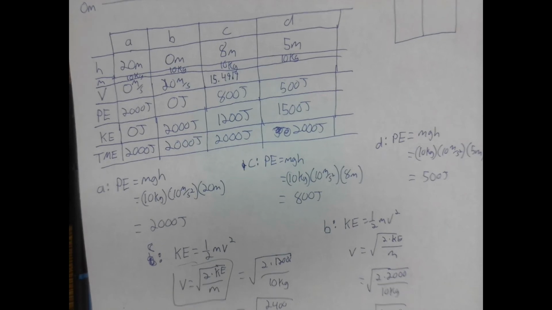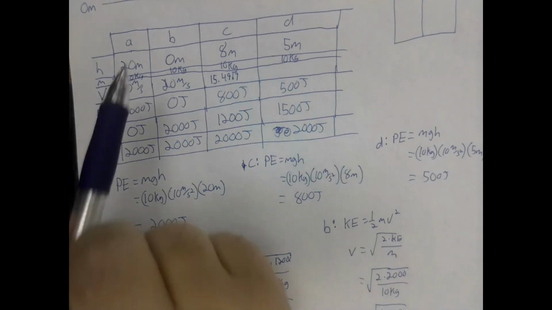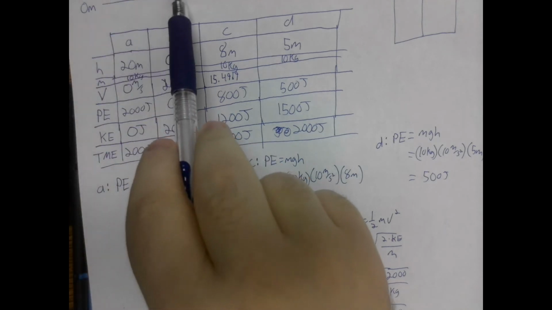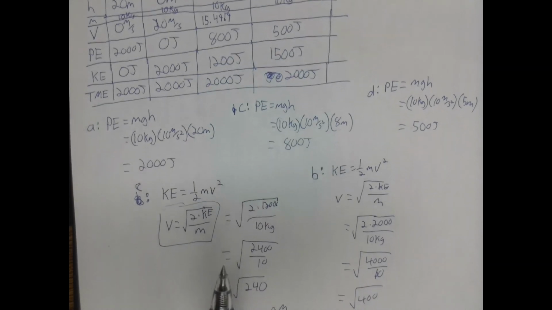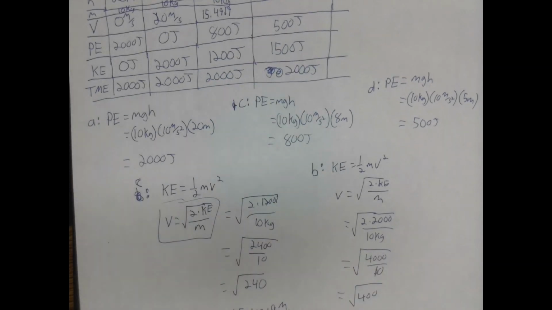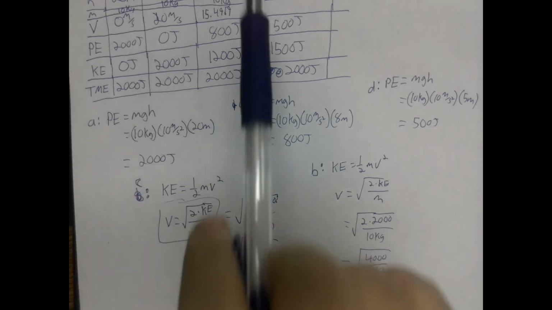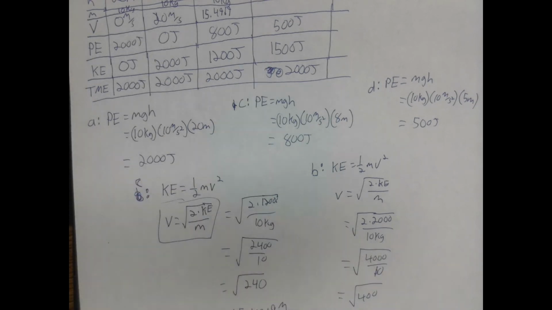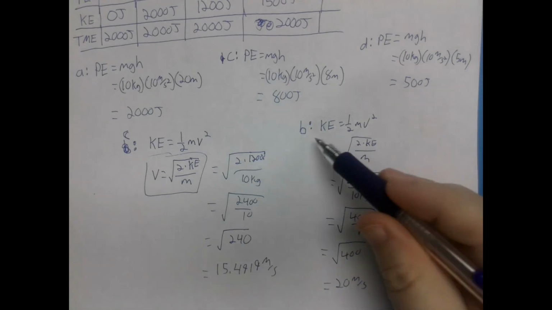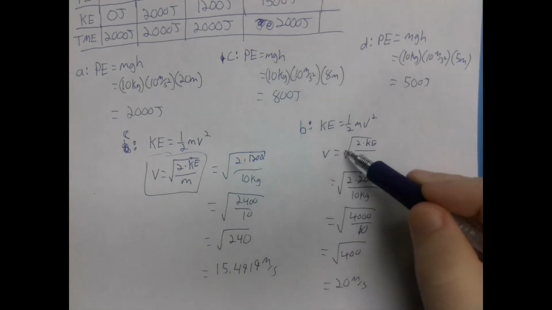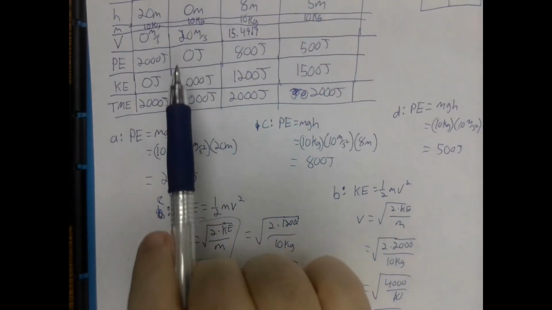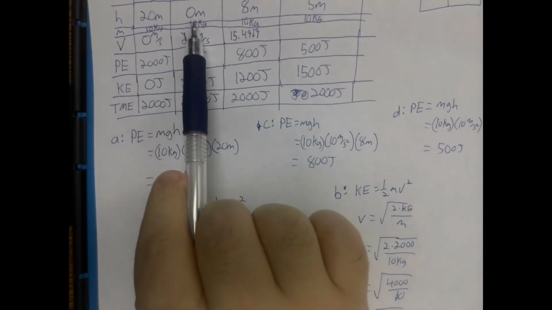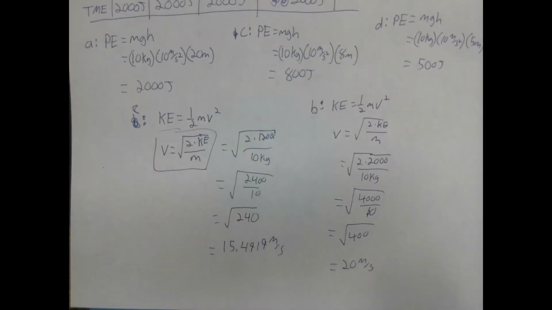I will give problems that will ask you to find it. Usually they're multi-step like this, but I highly recommend you do this table method, in which case you're finding all this information at each point. Once you get your equation, velocity is equal to the square root of 2 KE divided by m. Here's your KE, here's your mass, and you can plug it in.